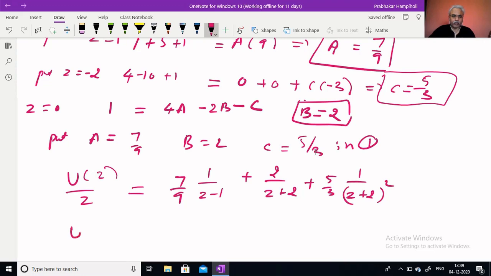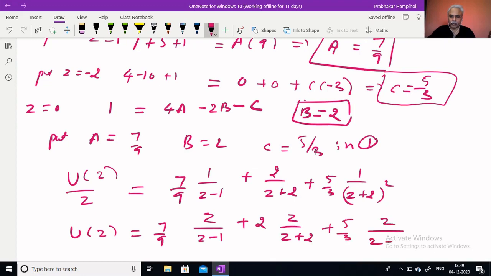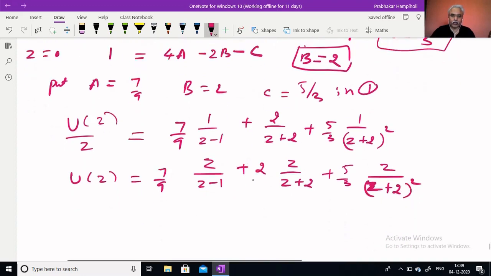Now if I transfer this z to this side, almost all terms are in perfect shape for taking the inverse, except the last one, which we shall adjust: z/(z+2)².